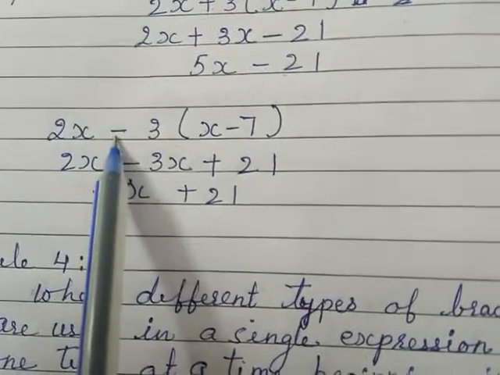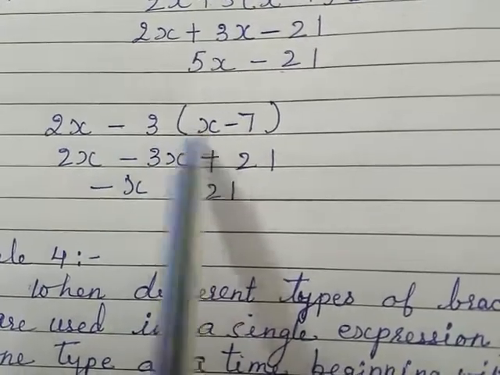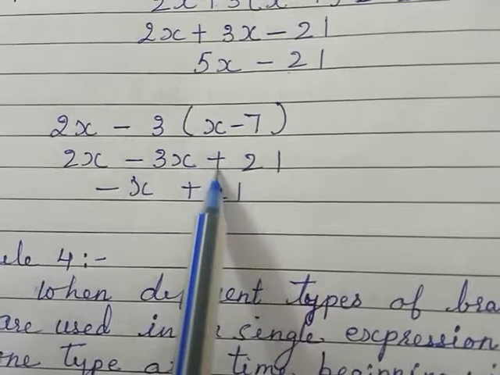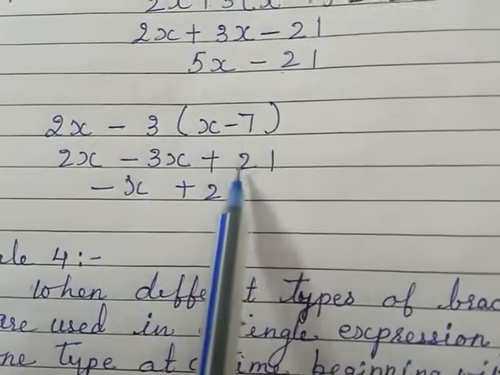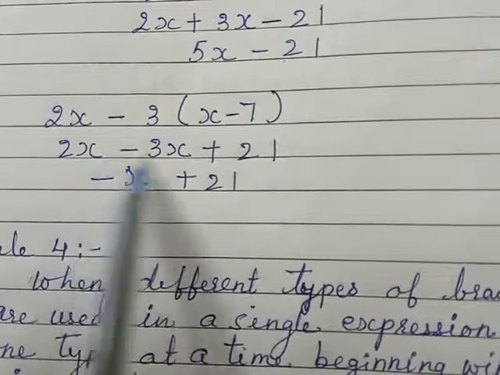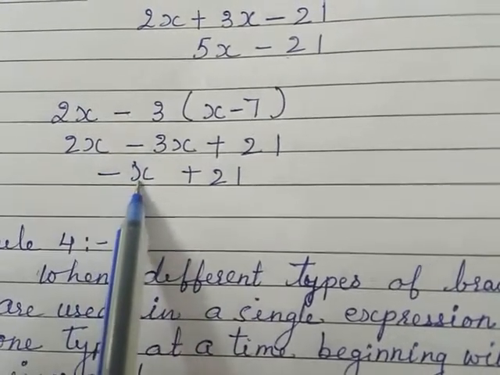2x, then minus 3 into x, that is minus 3x. Then minus times minus is plus, and 3 sevens are 21. Now 2x minus 3x, both of them are like terms, we get minus x.